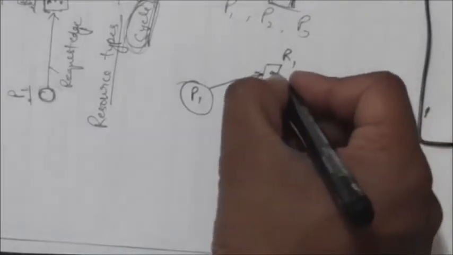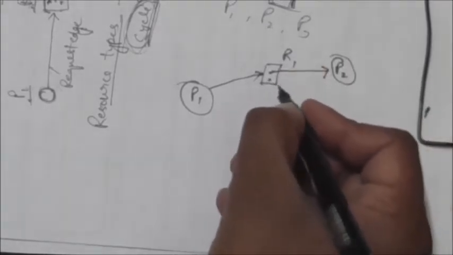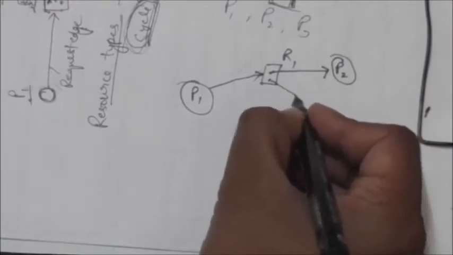One instance of resource type R1 is assigned to process P2, and another instance of resource type R1 is assigned to process P3.